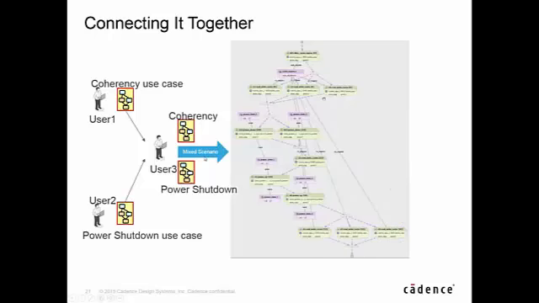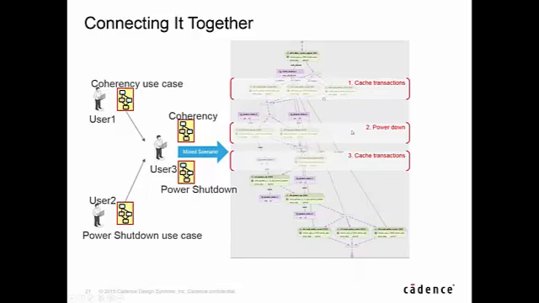So I can take my use case created by the coherency expert and by the power shutdown expert, and combine those two to create a scenario where I'm using 3 processors sharing a cache line and doing cache transactions on those 3 processors, power down 2 processors, continue with the 3rd processor doing cache transactions, power back up the 2 processors, and then validate that the 3 processors can again share that cache line.